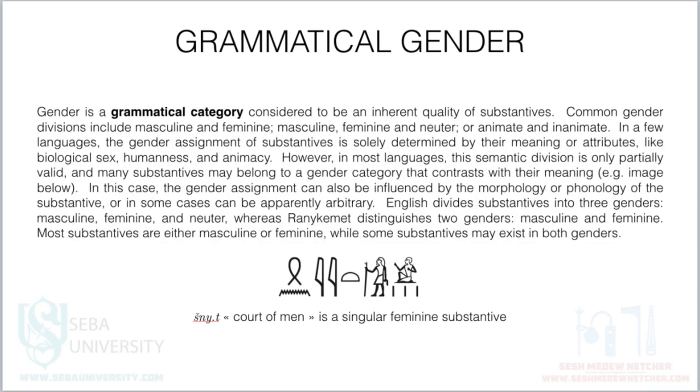So, grammatical gender. What is grammatical gender? First, we have to understand that gender is a grammatical category, considered to be an inherent quality of substantives. Most people will usually refer to substantives as nouns. In case you are unfamiliar with the word, substantive is another word for nouns the way we use it today.